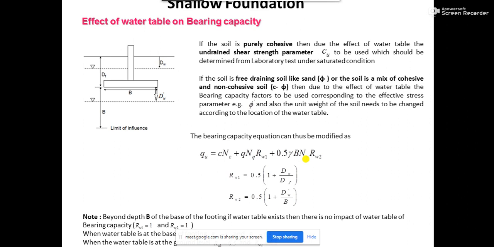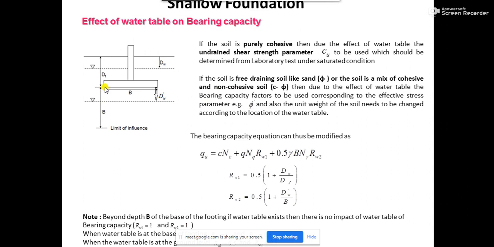From Terzaghi's formulation it is coming that the influence zone of a shallow foundation, that means the amount of soil which will be participating in the shear resistance capacity of your shallow foundation, the depth of that soil will be equal to B. B means the breadth of the footing.